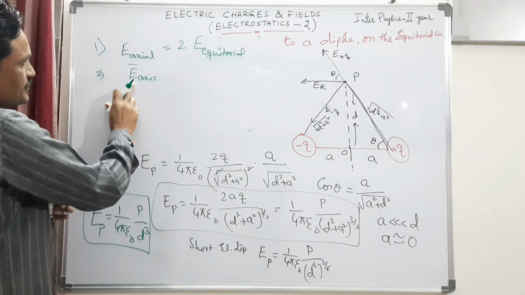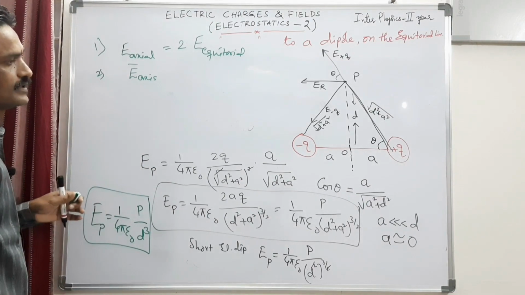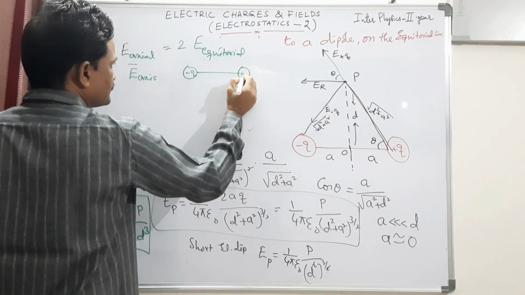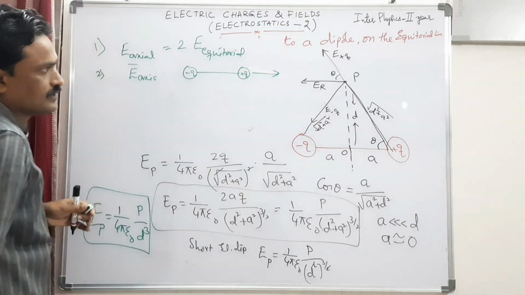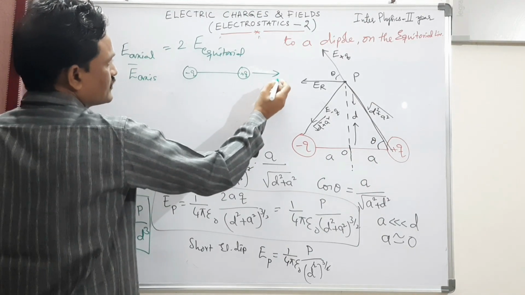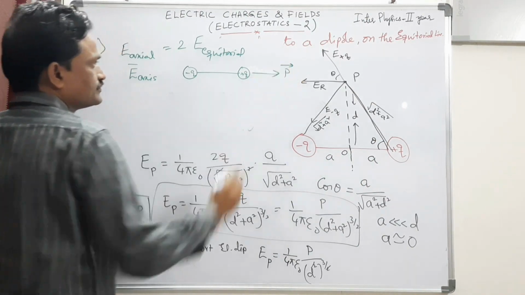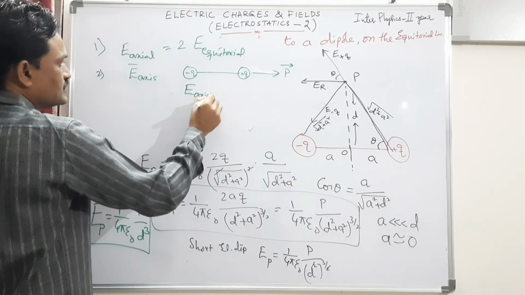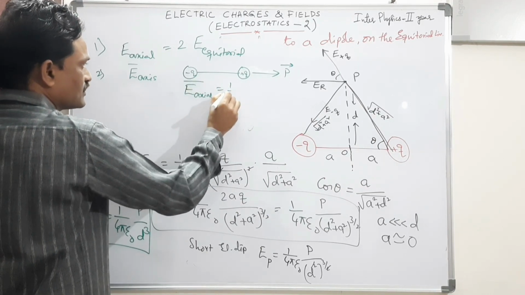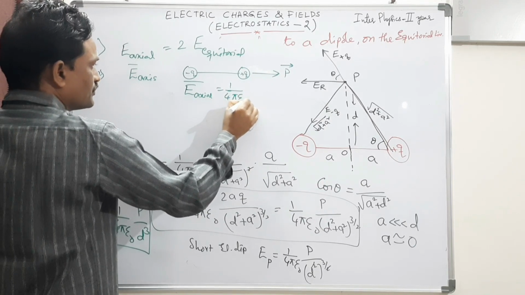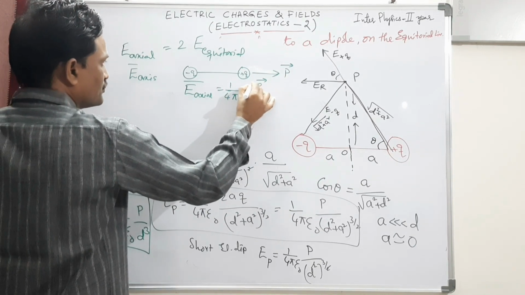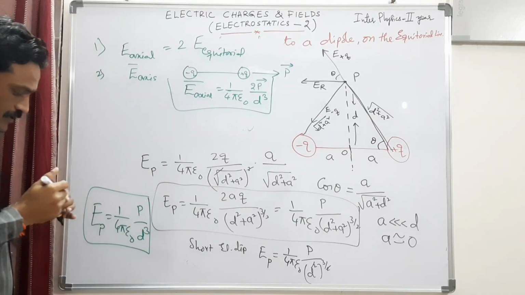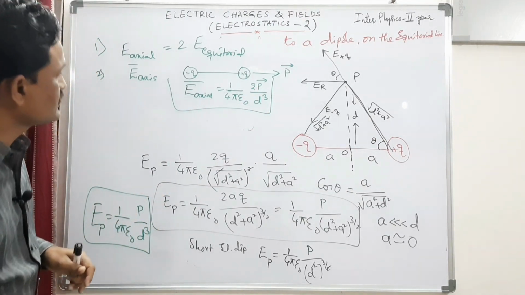The direction of E on the axis of an electric dipole is always from minus q to plus q. This is the same direction as p also. So that is the reason why I can write E axial line is equal to, in vector notation, 1 by 4 pi epsilon naught 2p by d cube. This is the formula in the case of axial line.